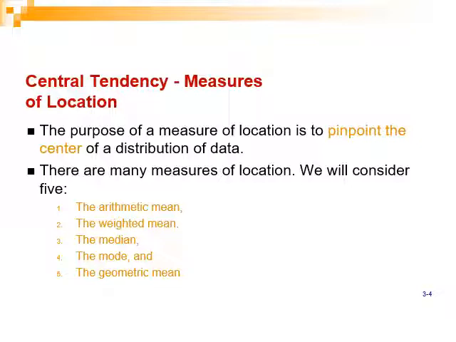The first one is the arithmetic mean, and the second one is the weighted mean. Then we will use the median, the fourth one is the mode, and finally the geometric mean. These are the common methods. Of course, there are more than 5 measures of central tendency, but in this course we concentrate on the 5 most common.